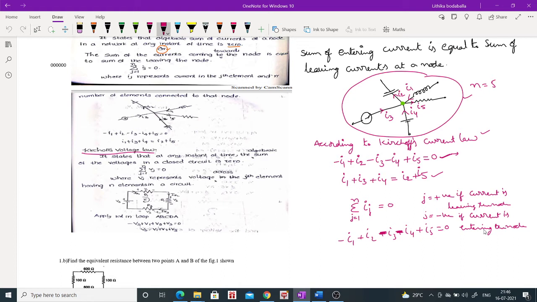So for example, let us take this circuit and try to understand what exactly Kirchhoff's voltage law states. Let me draw it here.